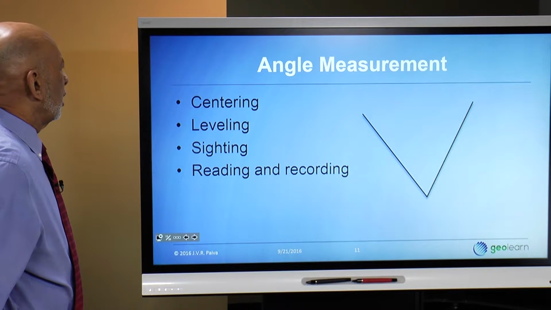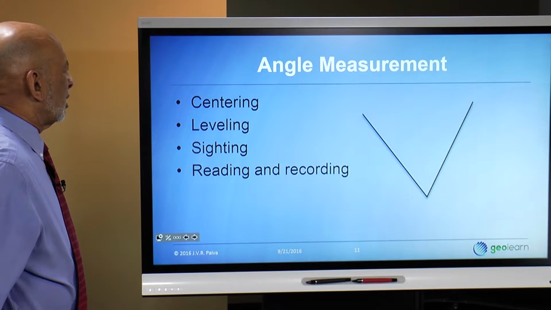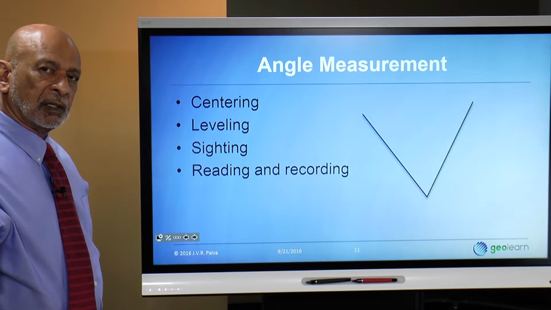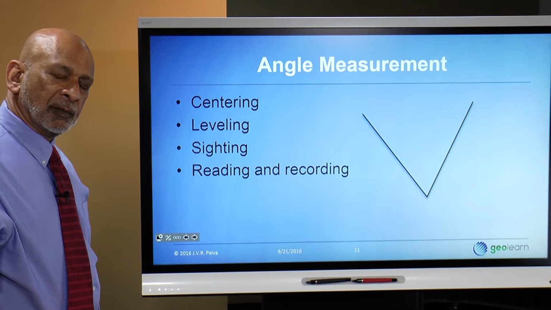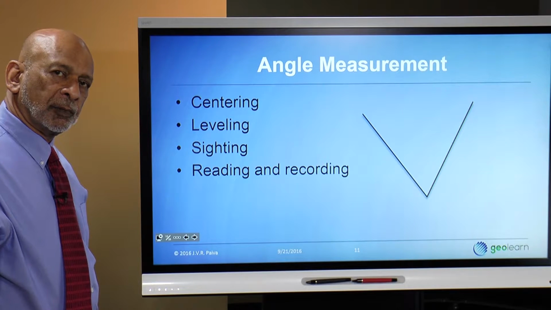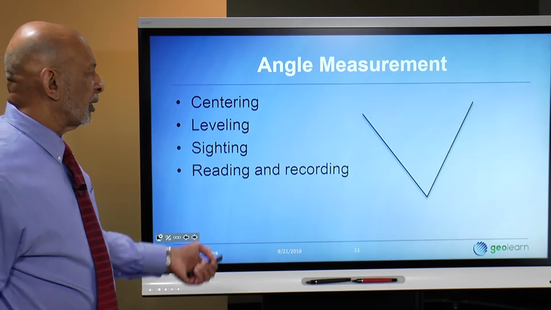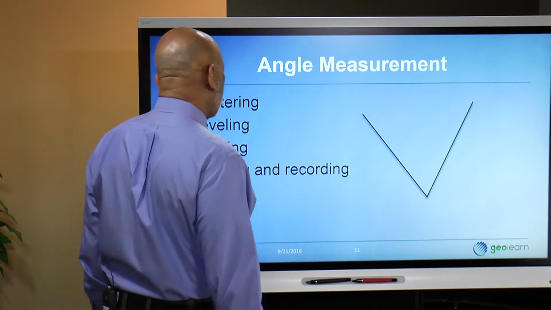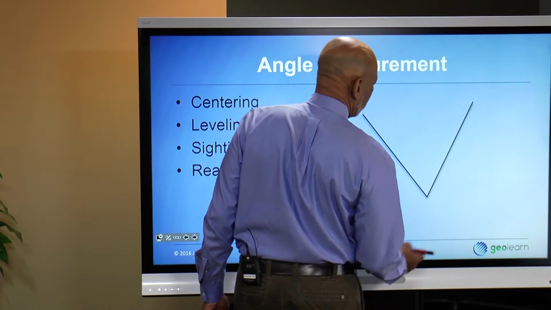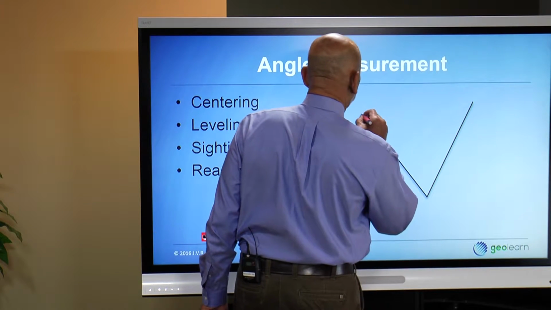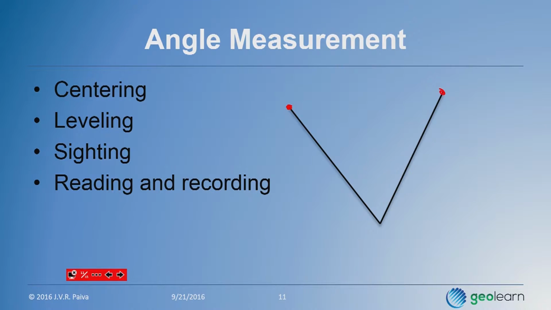All right, so to measure angles on the surface of the earth, it's very similar to the way we measure angles on a sheet of paper with a protractor. First of all, we need to know where those lines are. Now, the lines may not actually be physically marked, but typically we'll have 3 points.